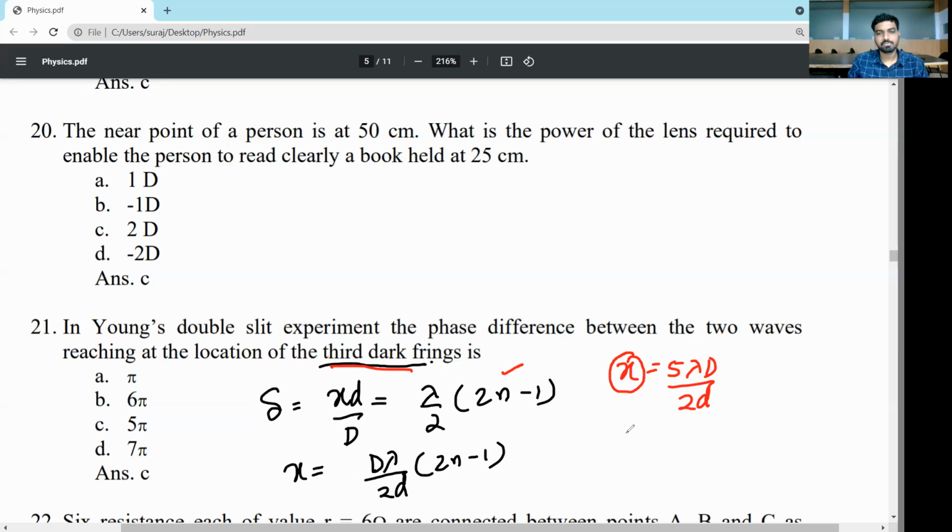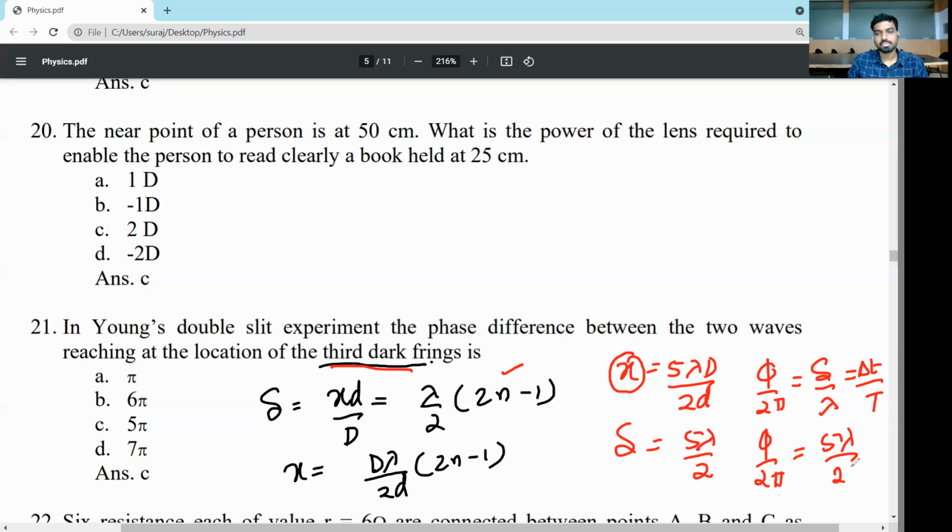Third dark fringe, directly we can find path difference. Path difference will be 2n minus 1, 5, so 5 lambda by 2. Then we can use delta phi by 2 pi equal to delta x by lambda. So this is 5 lambda by 2, divided by lambda. Lambda, lambda cancel. So phase difference will be 5 pi. Option C.